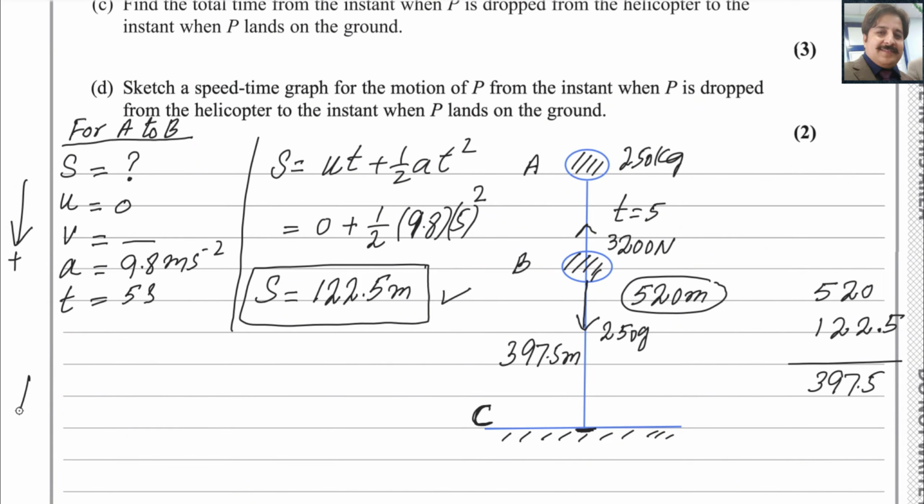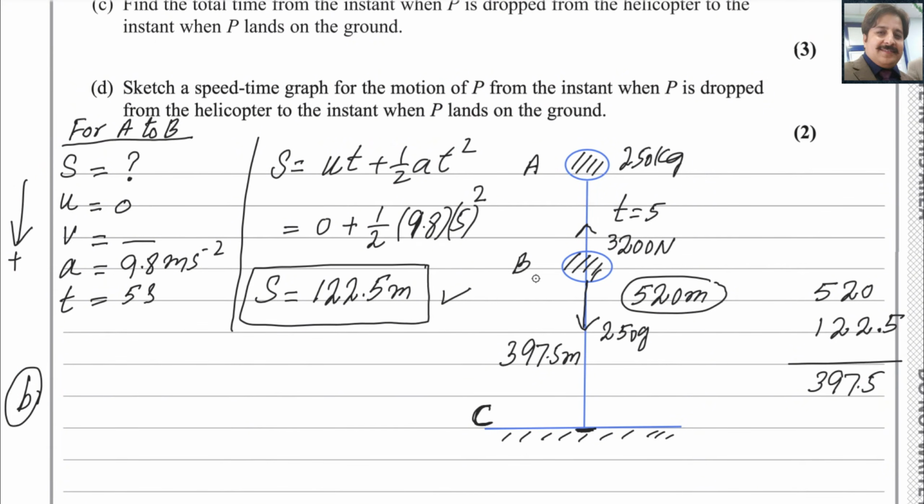You should know that acceleration as well. For the second part, first of all, you should know the speed of this particle at point B. To find that speed, you have to consider the same motion from A to B. The final speed from A to B will be the initial speed for B to C for sure.